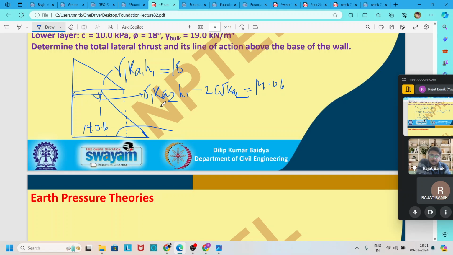And this is gamma 2 K2 H2 minus 2C root K2.